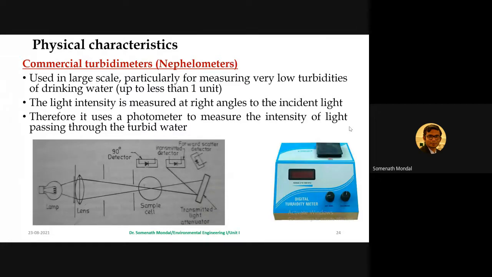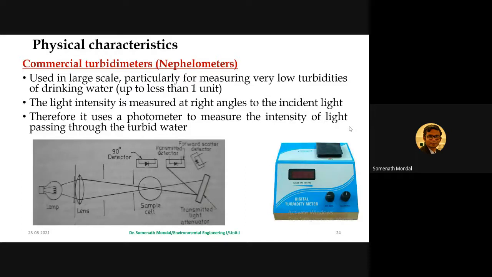The basic difference between the old and the new turbidimeters is that in the old instrument the light was measured after it passed straight through the turbid water, while in a modern turbidimeter the light intensity is measured at right angles to the incident light. Such an instrument therefore uses a photometer to measure the intensity of light scattered at right angles to the incident light.